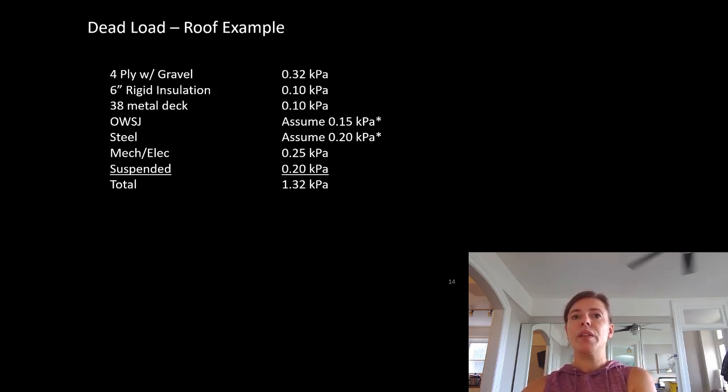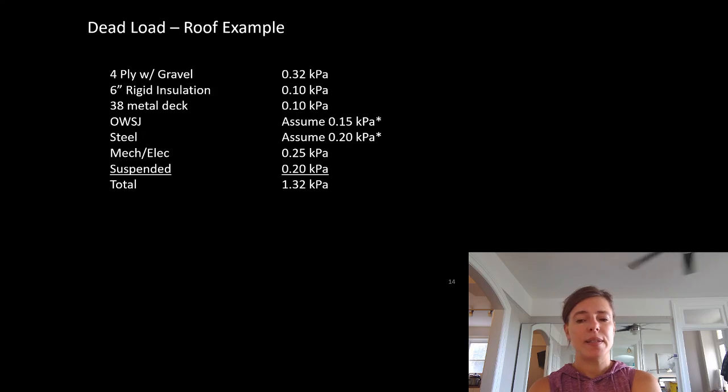We know that we'll use 0.1 kPa for that. Open web steel joists, a good allowance is 0.15 kPa. I'm telling you here, unless I tell you something explicitly in a different question, I would always give you that. Unless I said, what's a really good example, and then I might give you a few values as an option. But 0.15 kPa is a really good allowance for an open web steel joist load.